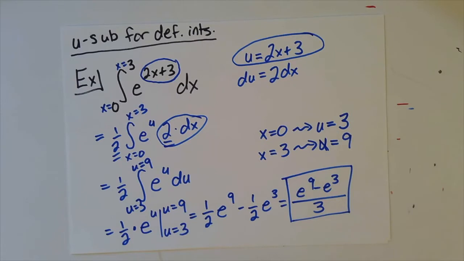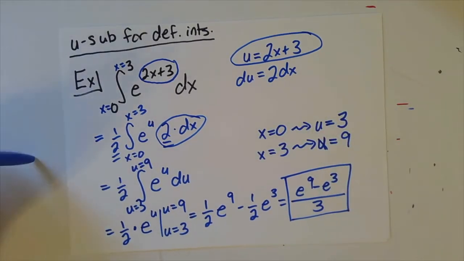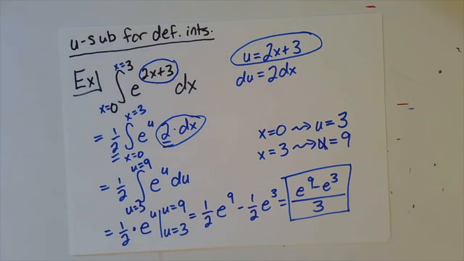Okay, now I want to point out something that might have gone by you that you might not have noticed in this pair of examples, which is that we actually saved work doing it this way over doing the indefinite integrals. Because when we did indefinite integrals with u-substitution, as this annoying last step, we always had to put everything back in terms of x.